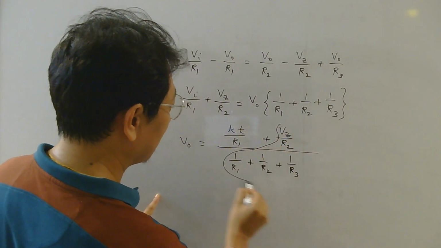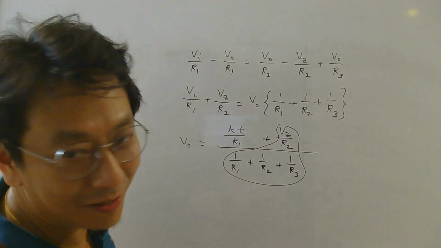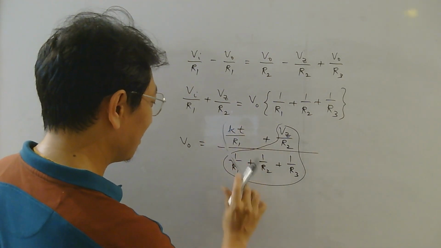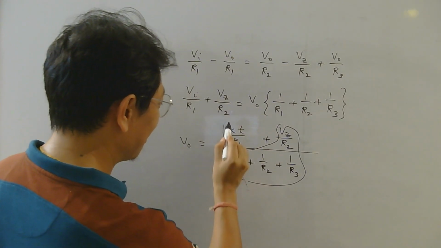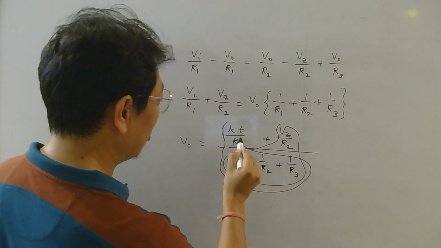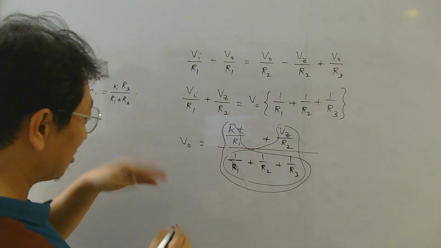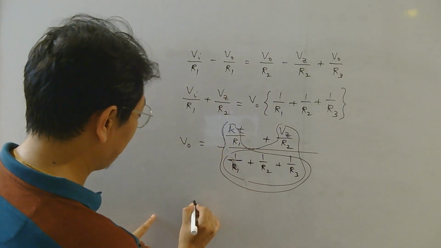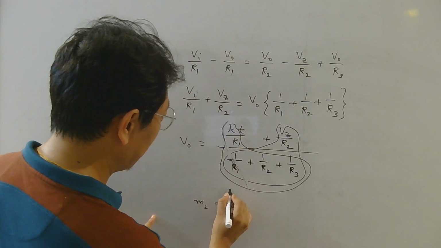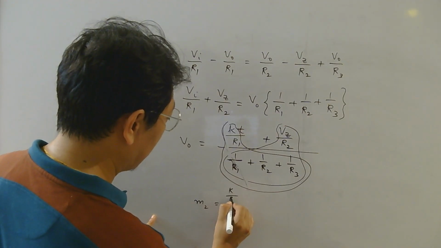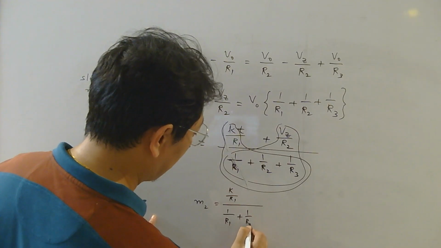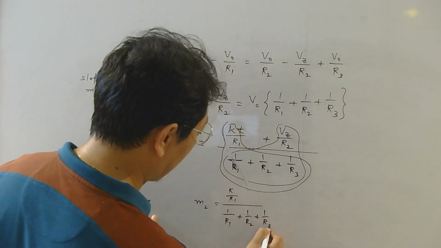So this is your c, your y-intercept, and this will be your slope, isn't it? So the slope in the second case, when the diode is on, will be M2, which is K by R1 divided by 1 by R1 plus 1 by R2 plus 1 by R3.